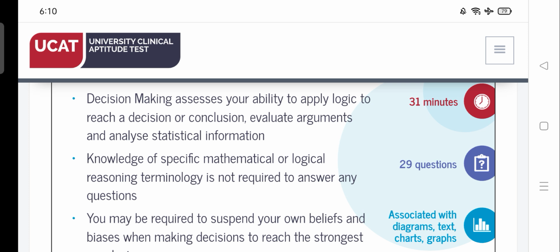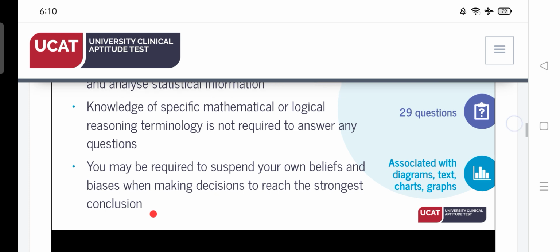And you don't need to have knowledge of specific mathematical or logical reasoning terms to answer any of these questions in this subtest. You may be required to suspend your own beliefs and biases because it's a portion where you have to decide or conclude the best suitable argument from the information that will be presented to you.